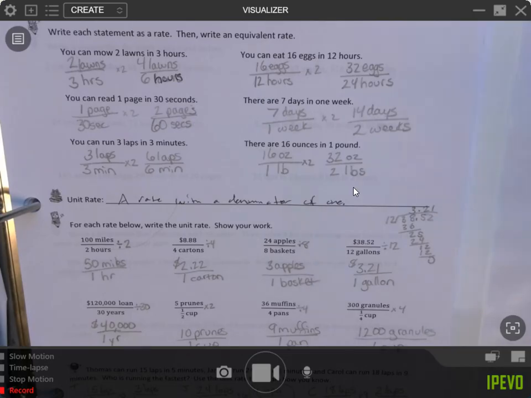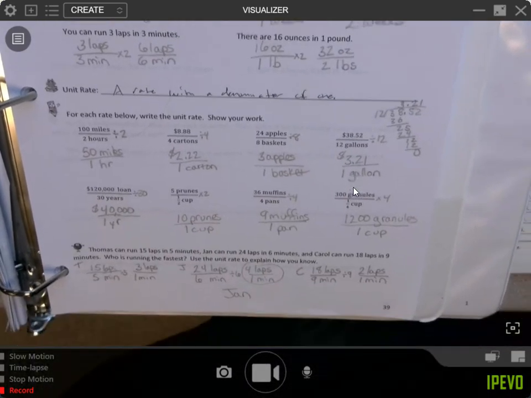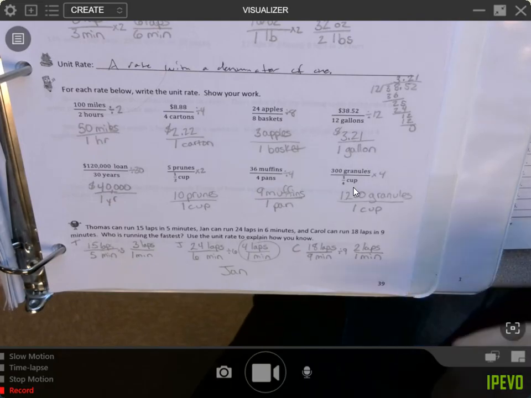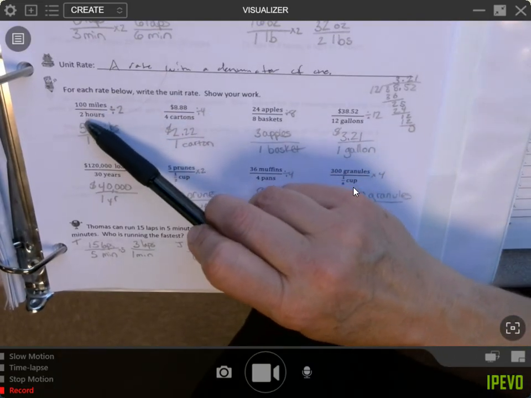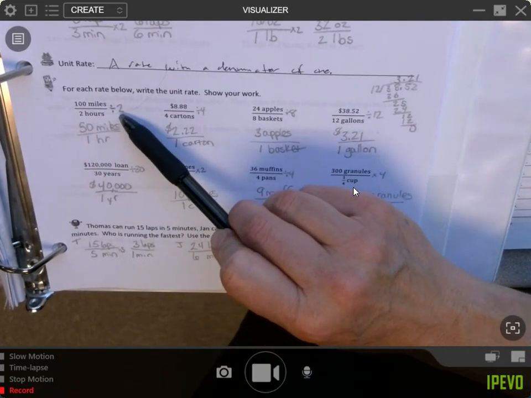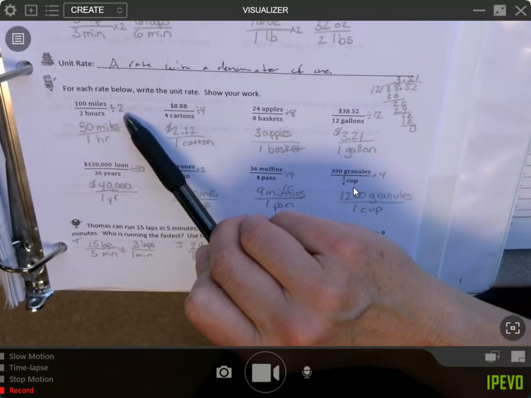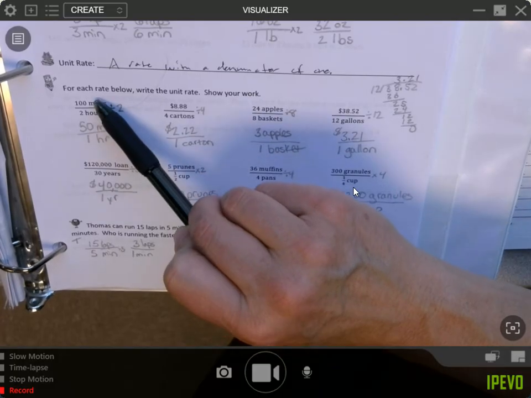All right, then we talked about unit rates. Unit rates is when we make that denominator go down to 1. We talked about how if it's a whole number, we're dividing by that whole number, because 2 divided by 2 is 1. Whatever you divide the bottom by, you divide the top by.